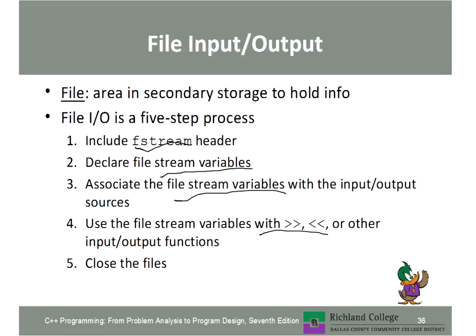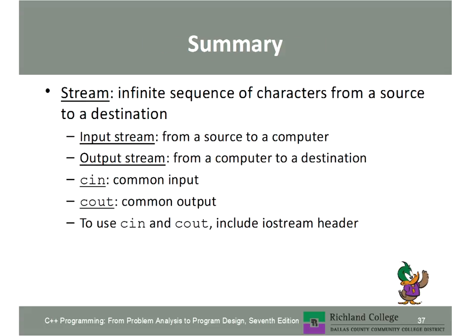We're still using the stream extraction operators, and we are basically using file access just like we use terminal access or screen access, output device access. The only thing you need to remember after you're done with the operations is to close the files. So you need to make sure that those files are closed. And that's pretty much what this chapter is all about.